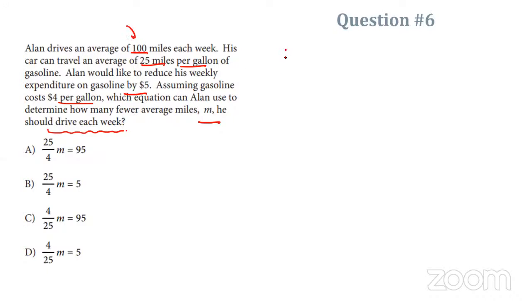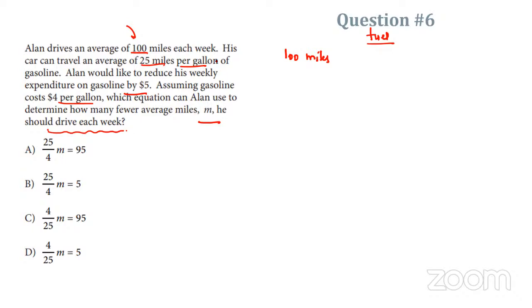So he drives 100 miles in a week. And the average of the car is 25 miles per gallon. Can you tell me how much fuel is required to drive 100 miles? If the car can travel 25 miles per gallon, how many gallons of fuel are required to drive 100 miles?